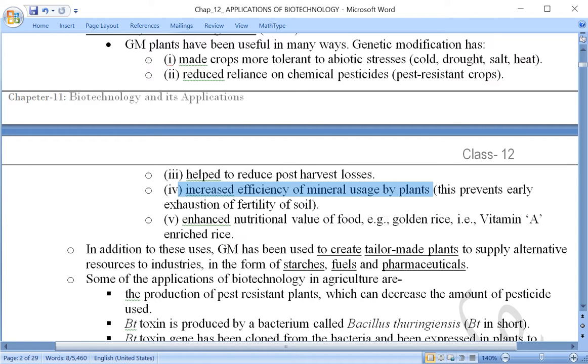So here the plants which have been modified genetically are able to use the minerals efficiently. As a result, the minerals present in the soil should not become exhausted, meaning their supply should not finish.